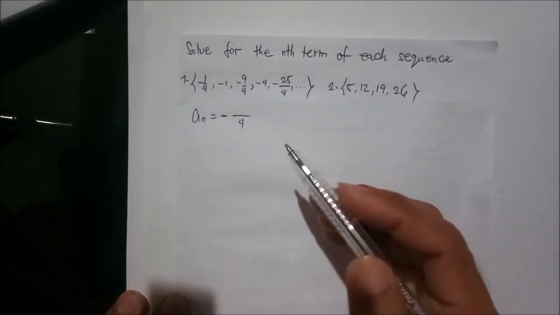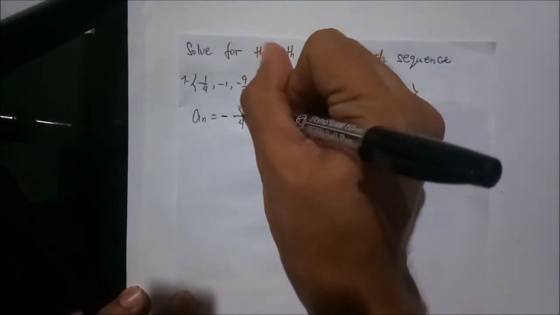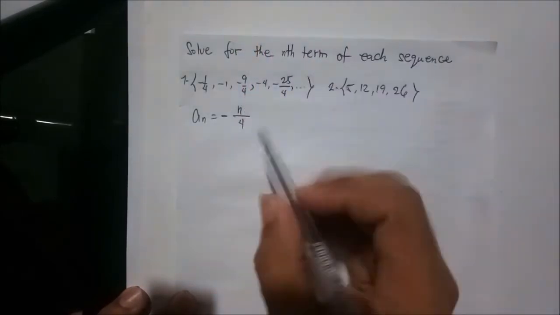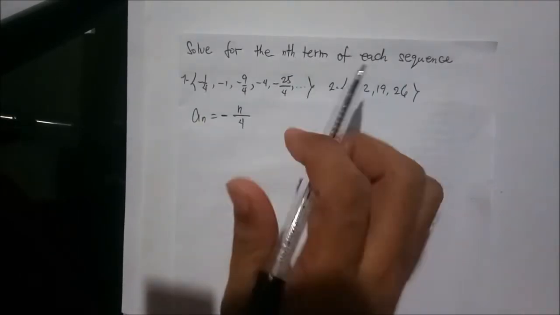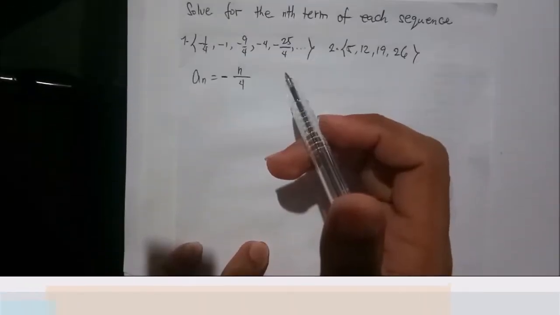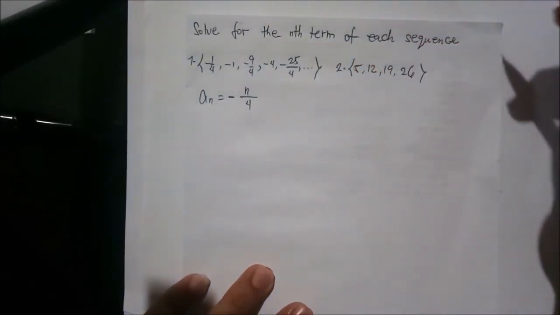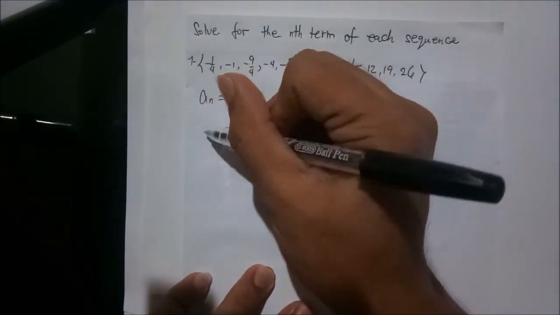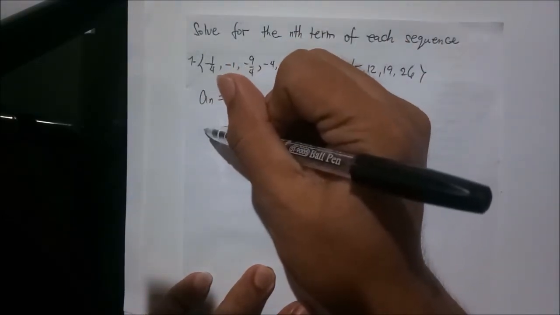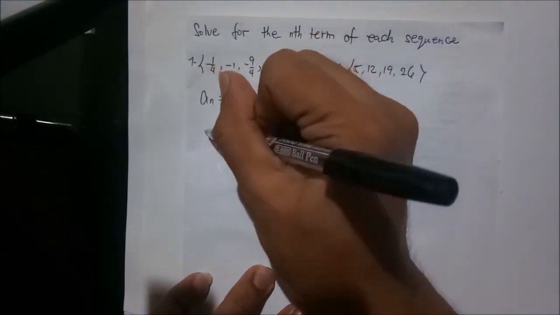So now let's find out the n. Let's try that the numerator has n. So now let's find out if your nth term is correct. Do we know that your answer is correct? First, let's try to substitute a sub 1.